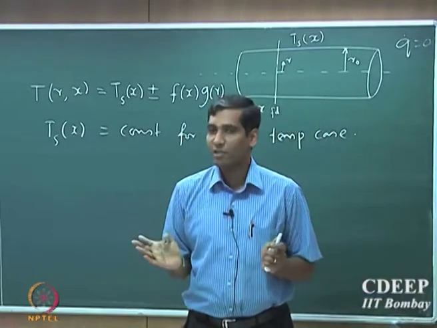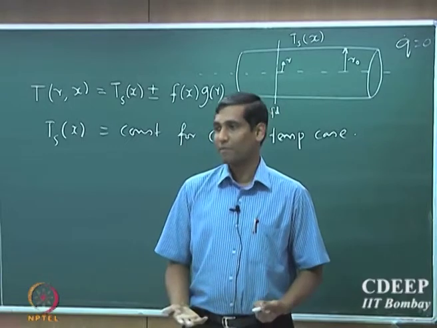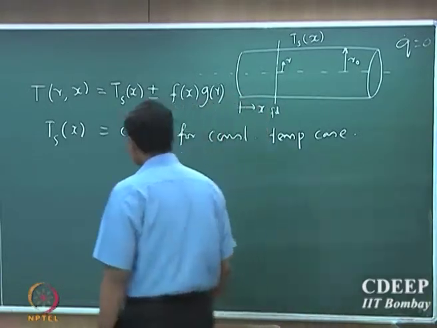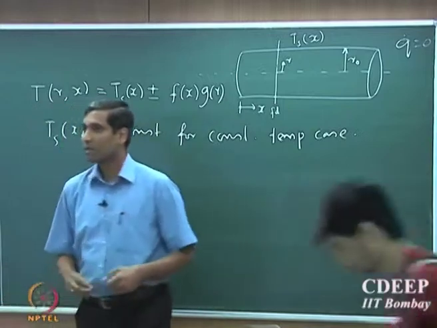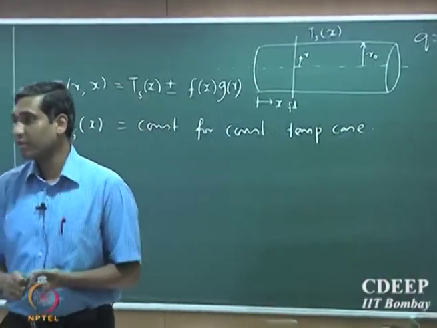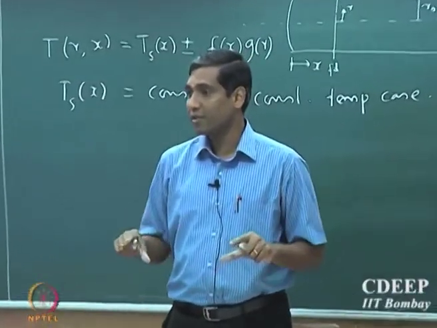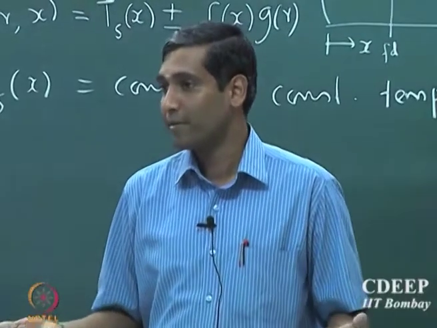Note that we have not solved anything, we have just observed what is the general functional form of the temperature profile. Okay. So from here, oh sure you can, because if there is no heat generation, if you look at the structure of the equation, it's linear in temperature, so you should be able to separate.